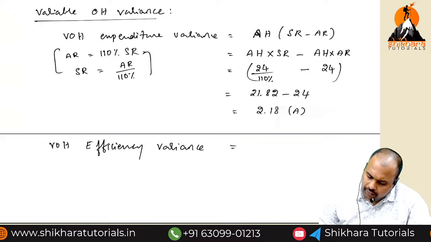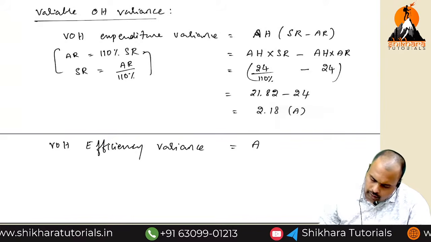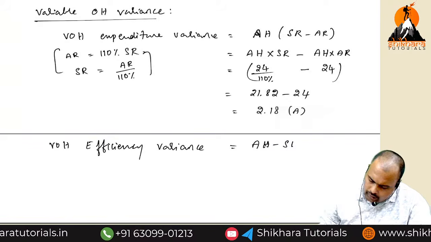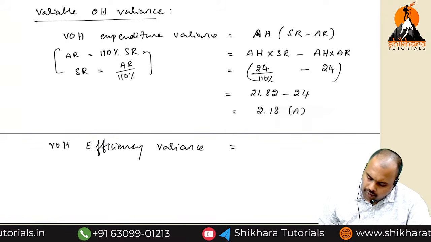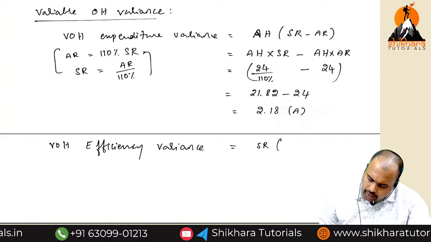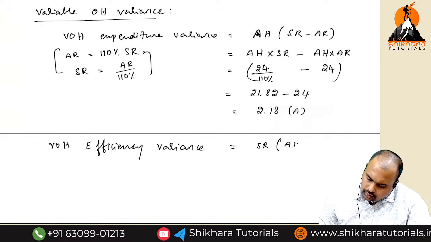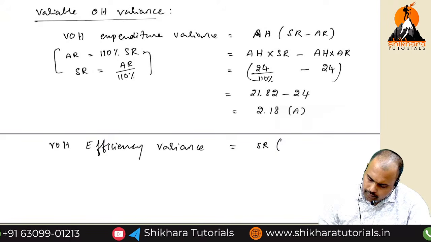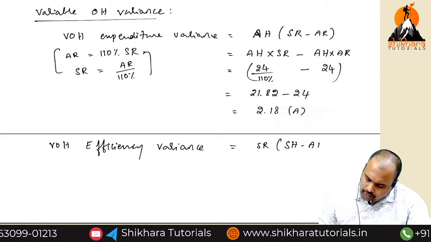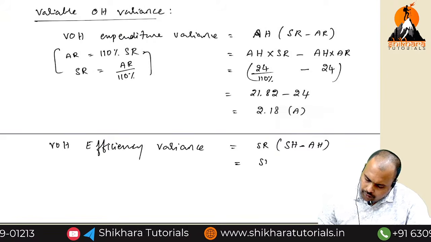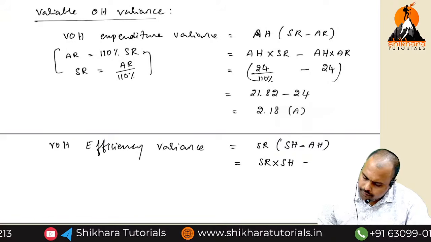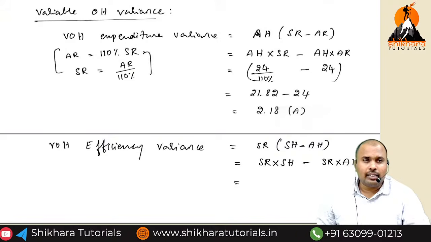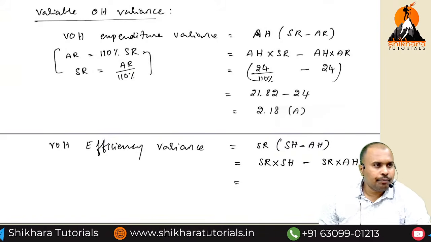Variable overhead efficiency variance is equal to standard rate into (standard hours minus actual hours), because it is a cost variance. That is equal to SR into SH minus SR into AH. This SR into SH is 90% of BH.